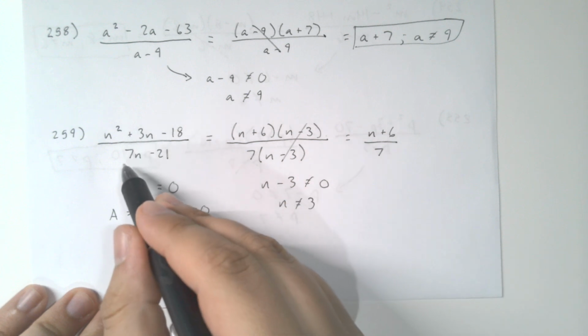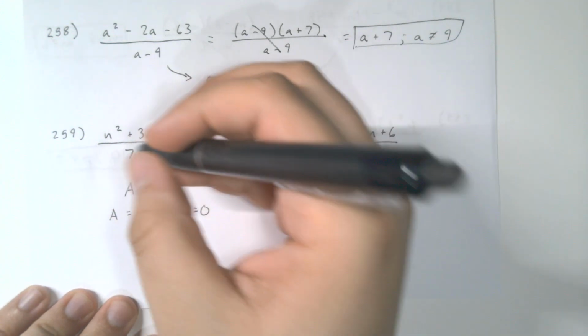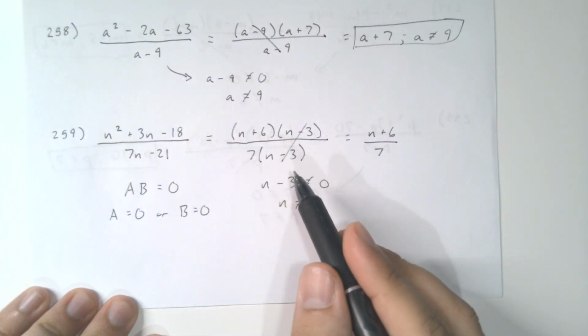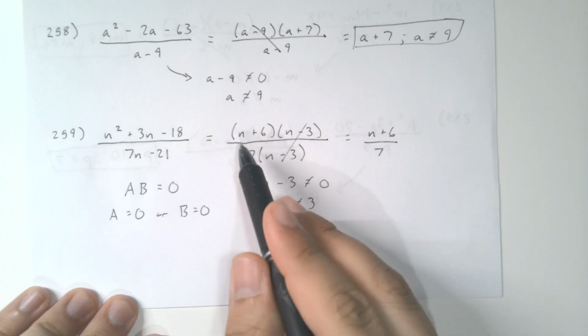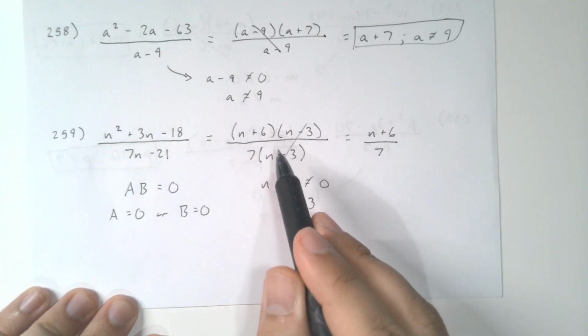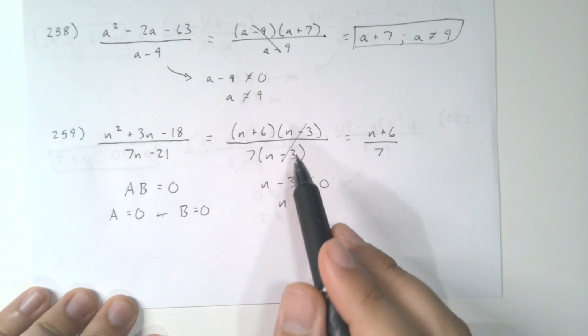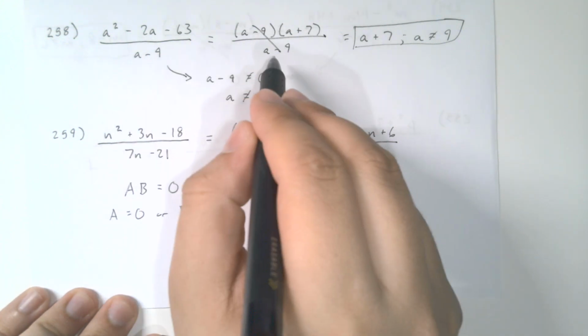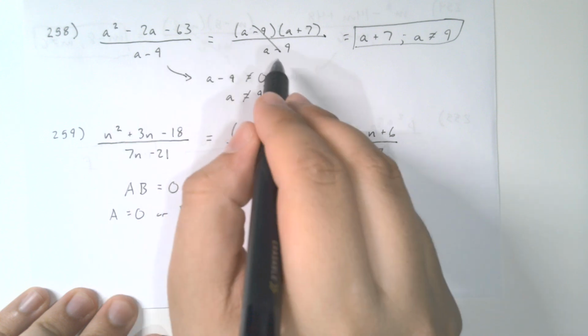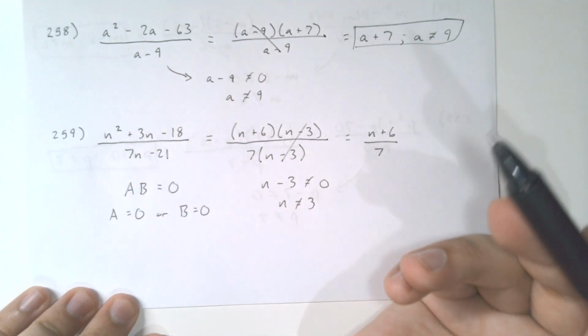Now we could explicitly solve this over here as well, but we already factored it, and it makes our lives easier. So when you get to the step of everything being factored, I recommend looking for your excluded values in that step. In the previous problems, the denominator was already factored, so we didn't have to worry about that.